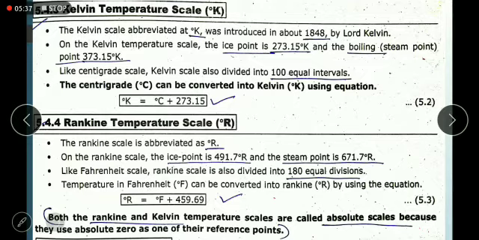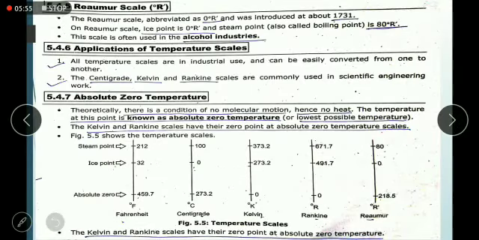If you want to convert degree Fahrenheit into degree Rankine, the following formula is used: degree R is equal to degree Fahrenheit plus 459.69. The next one is the Réaumur scale, shown in degree R dash. It has 80 equal divisions.